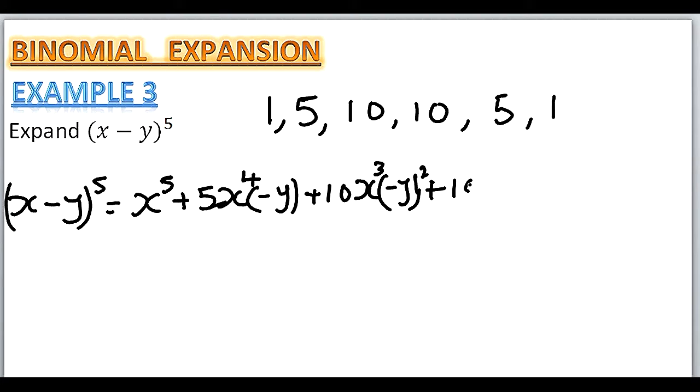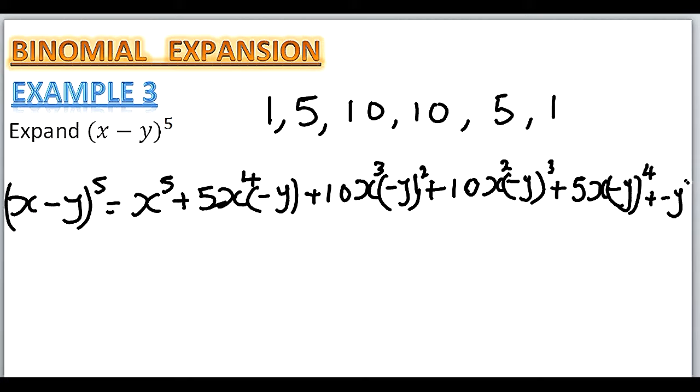10 x raised to power 2 minus y raised to power 3, then we have plus 5 x minus y raised to power 4, and finally we have plus minus y raised to power 5.